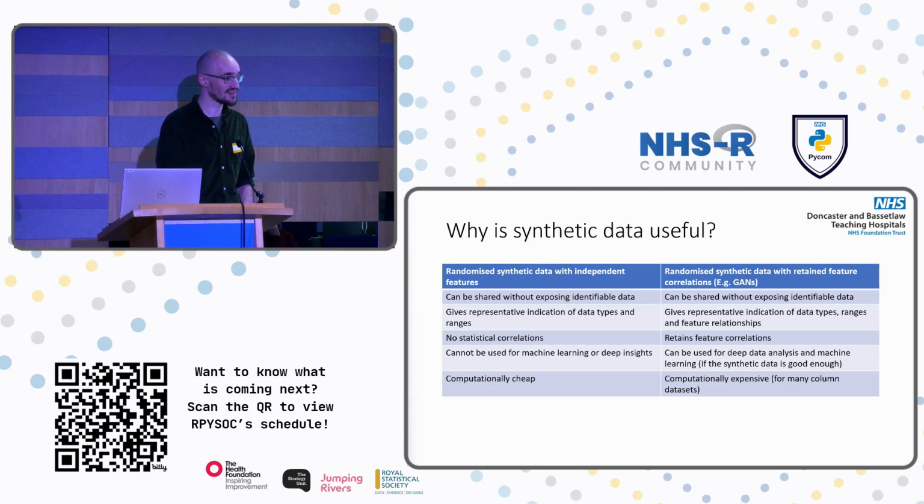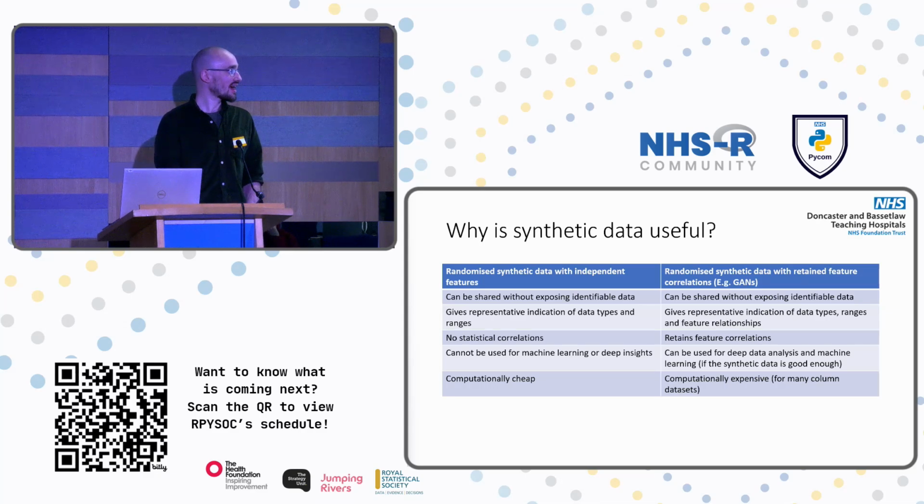That isn't guaranteed, but is a lot more likely because that's what you see in our real patient data. It's a lot more computationally expensive to do this, but it does mean that shared data can then be used for early stage machine learning development and analysis, which isn't possible if you have simpler data with independent features.